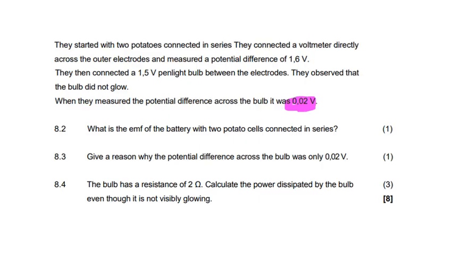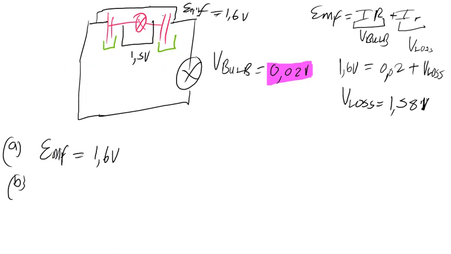Then B, give a reason why the potential difference across the bulb was only 0.02. I told you that there was a V loss due to internal resistance of the battery. So there was a voltage loss due to internal resistance of the battery.